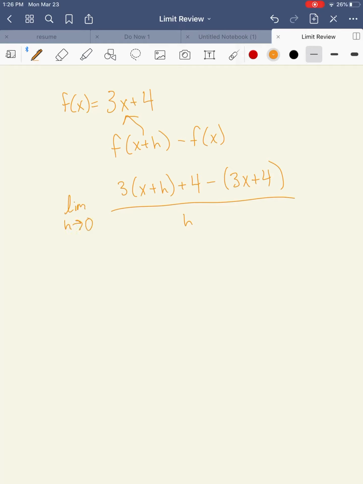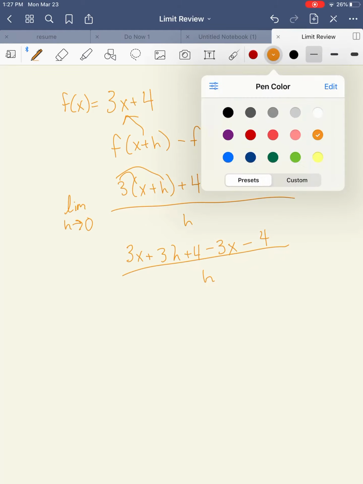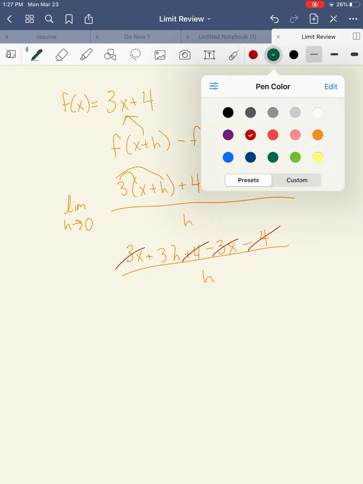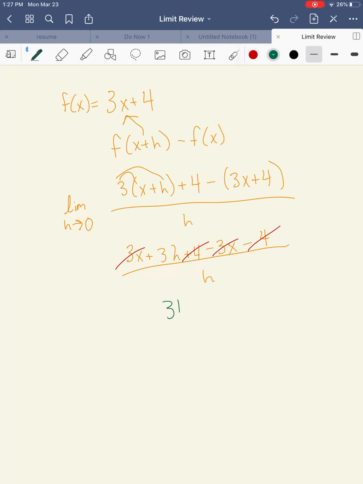Okay, so let's work with this function. First, you have to distribute 3x plus 3h plus 4, and then distribute the negative into the parentheses, negative 3x minus 4, all over h. First things first, we need to cancel out our like terms. So 3x minus 3x cancels out, 4 minus 4 cancels out, and so that leaves me with 3h over h.